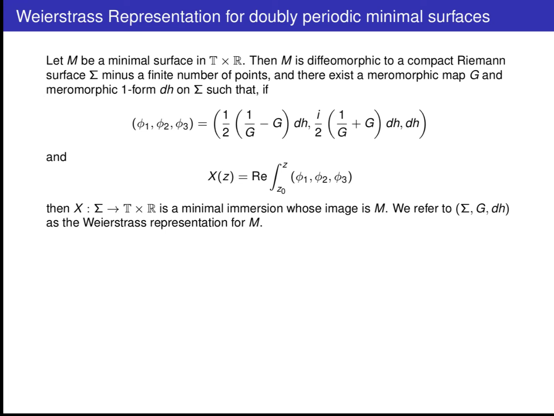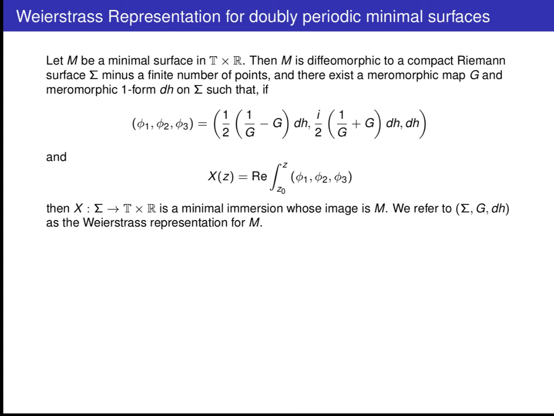And there will exist a meromorphic map G, the Gauss map, and a meromorphic one-form, the height differential dh, on sigma, such that our Weierstrass representation is given by phi1, phi2, phi3, where phi1 is 1/2 times (1/G minus G) times dh. Phi2 is i/2 times (1/G plus G) times dh, and phi3 is dh.